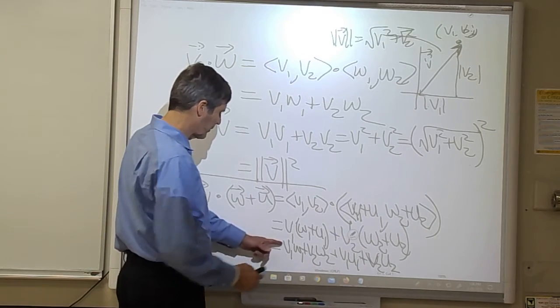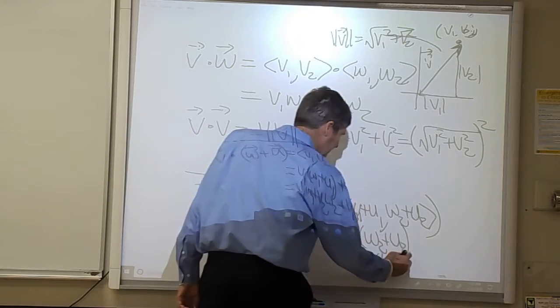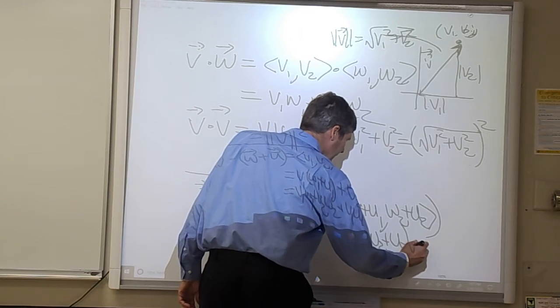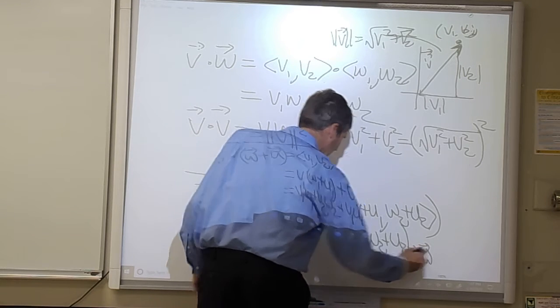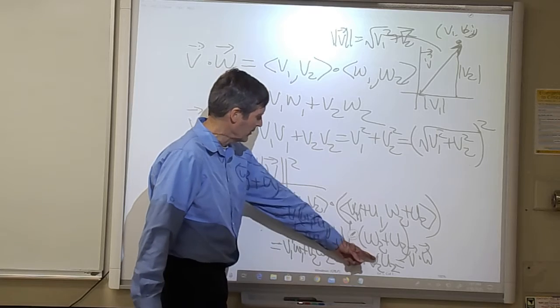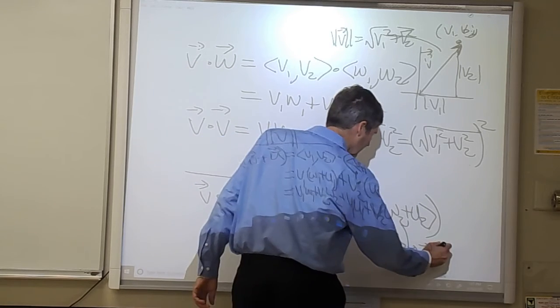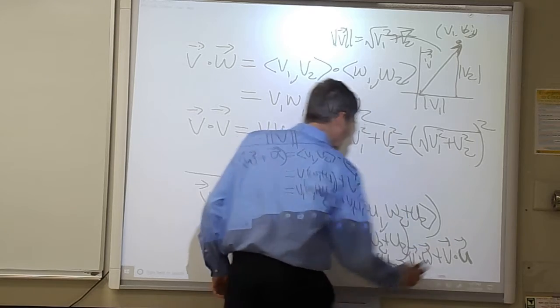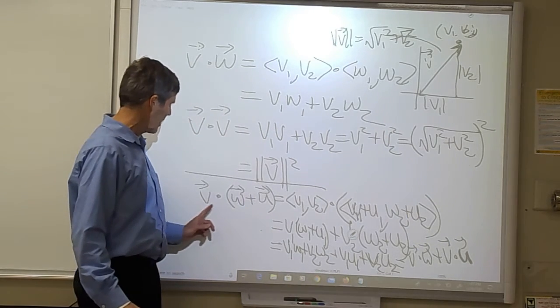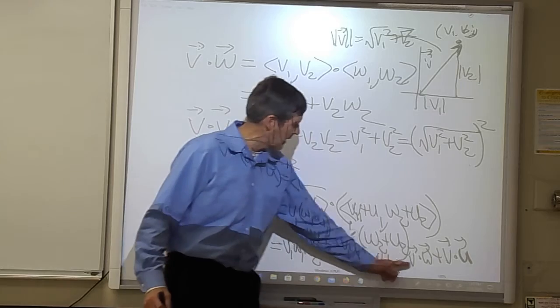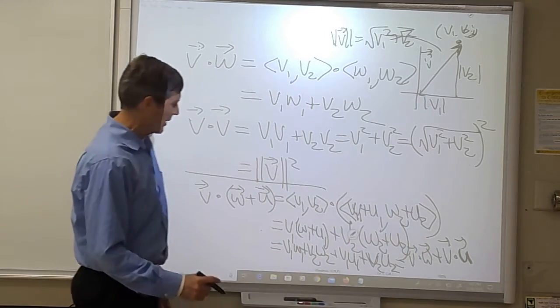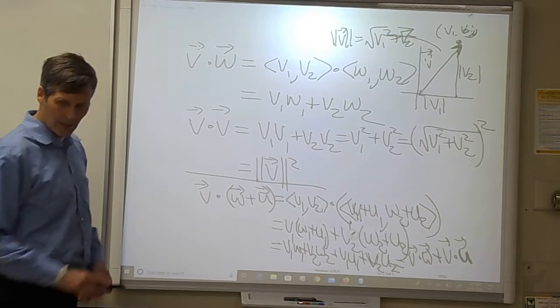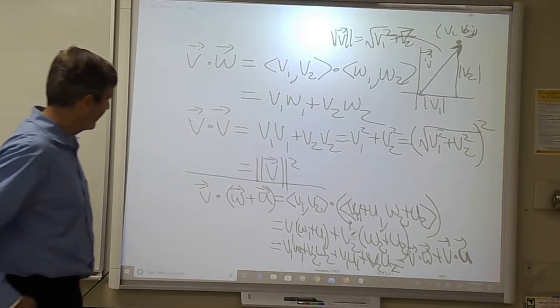And now this one is the dot product of v with w, so it's v dot w. And this one is v dot u by our definition up here. And there's the proof of the distributive property: v dot (w plus u) is v dot w plus v dot u. The dot product distributes over addition of vectors.